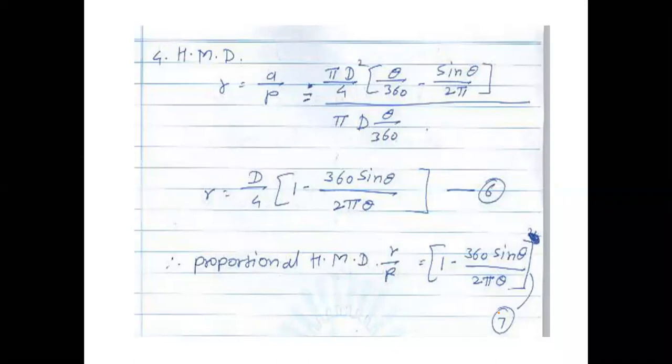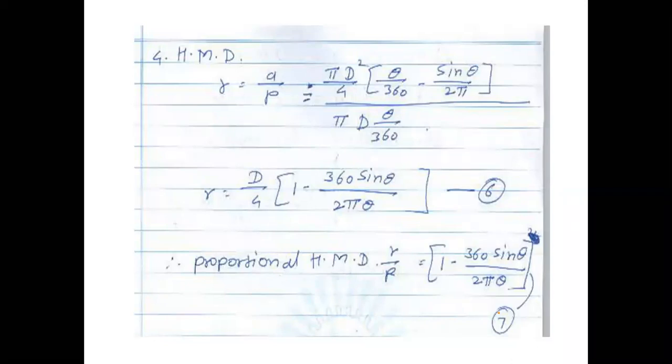From that we can calculate the equation for the proportional hydraulic mean depth. Proportional hydraulic mean depth is nothing but the ratio of the hydraulic mean depth when it is running partially full to that when it is running full. That is small r upon capital R. The value of small r we have recently determined, that is d by 4 into bracket 1 minus 360 sine theta upon 2 pi theta, divided by capital R. The value of capital R is d by 4, which we calculated at the start.